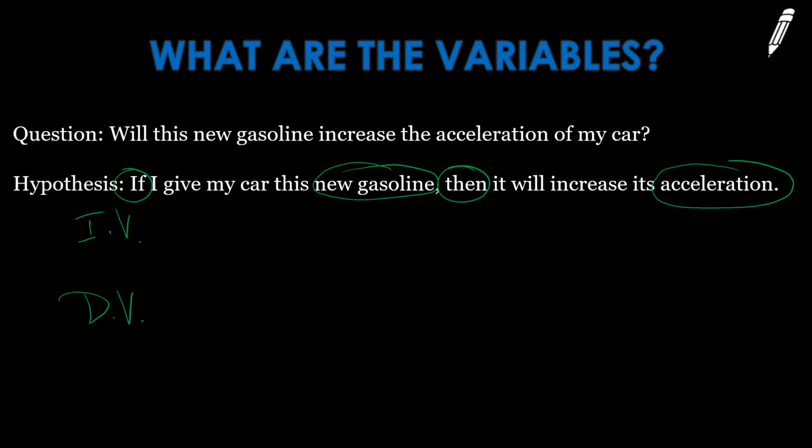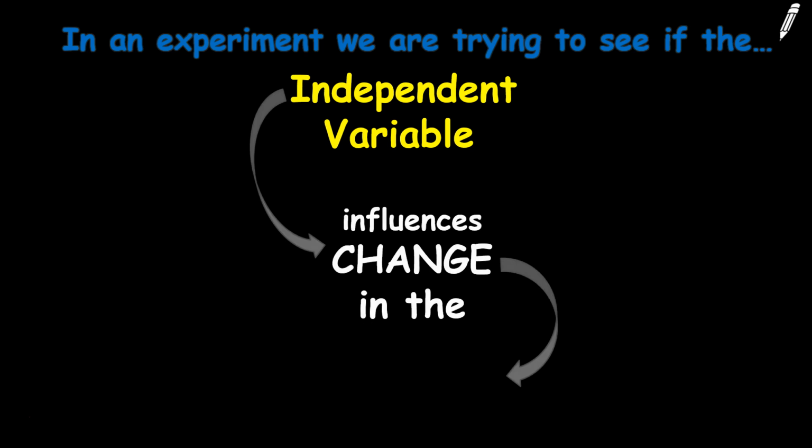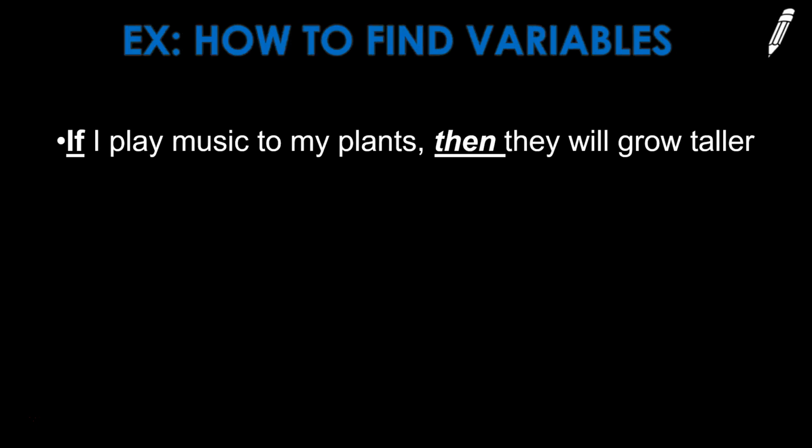Okay. So, in essence, we're trying to see, does the independent variable influence change in the dependent variable? Please sketch this little slide down, and I hope this makes sense in the next few slides. Okay, so bear with me.